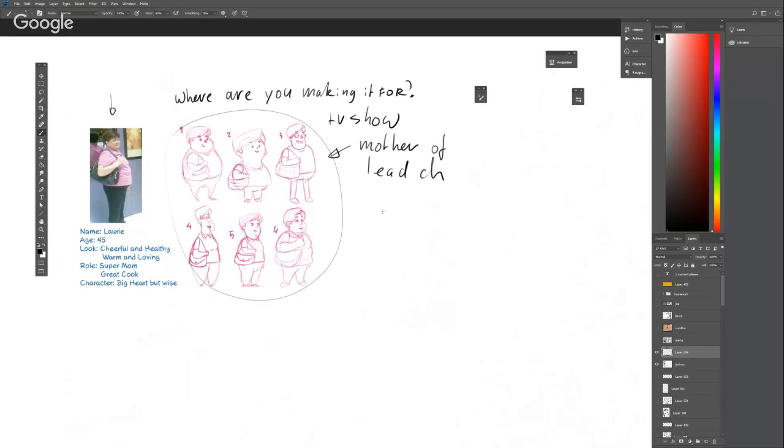If she's a great cook, maybe you can make her... If you're just making a standard pose like this one, then maybe she's standing here with a big oven, a plate or something like that.